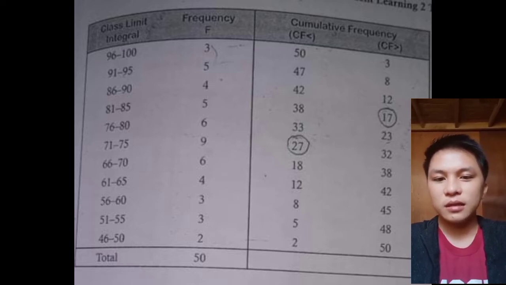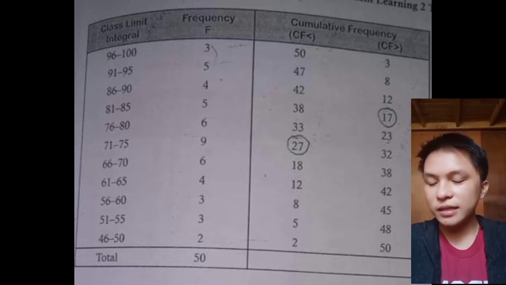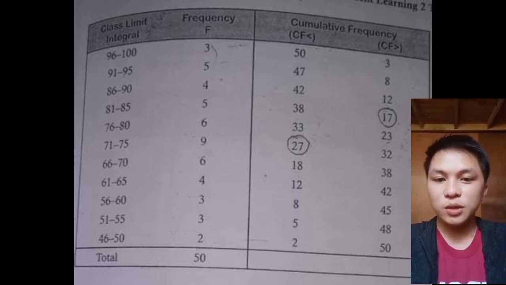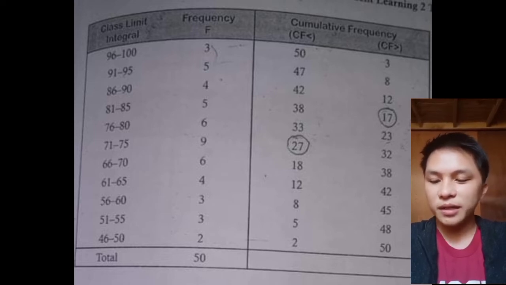The class limit 46 to 50 has a frequency of 2, so we copy that. Then the second class limit, 51 to 55, has a frequency of 3, so we add: 2 plus 3 equals 5, the cumulative frequency lesser than.